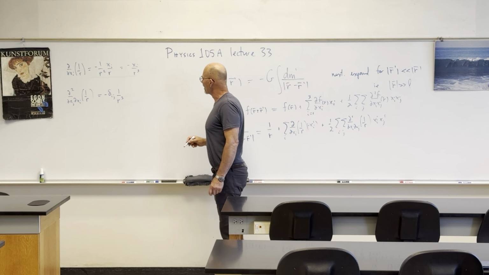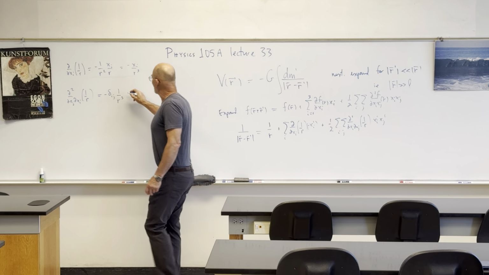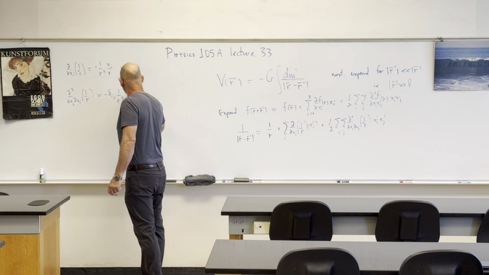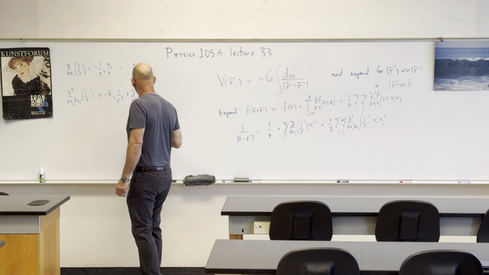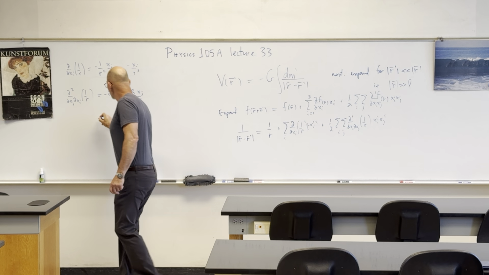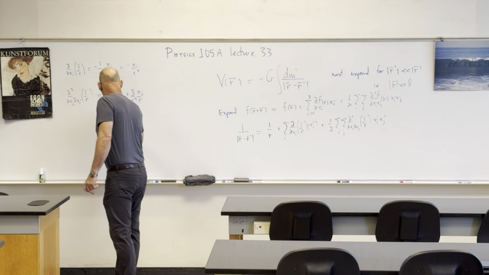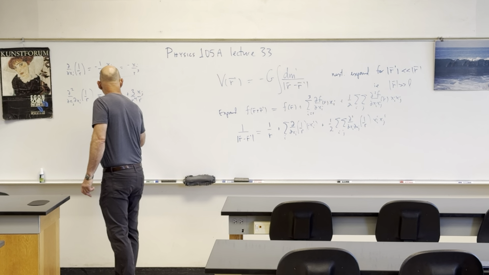And we see it's the product rule. And we get minus and a minus 3, so plus 3 over R to the 4th times xj over R. So this turns into 3.